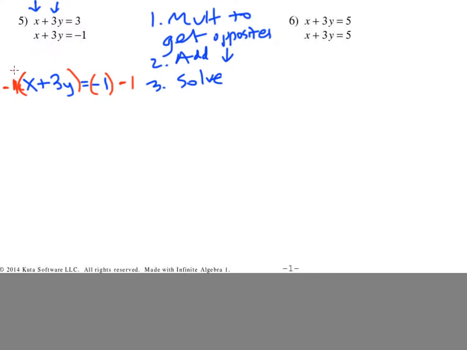Distribute. -1 times x, -x. And -1 times 3y, -3y. Equals. What's a negative times a negative? That's a positive. 1 times 1 is 1. So we have just created our opposite.